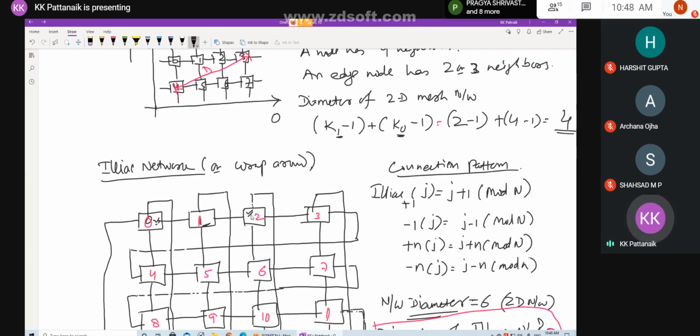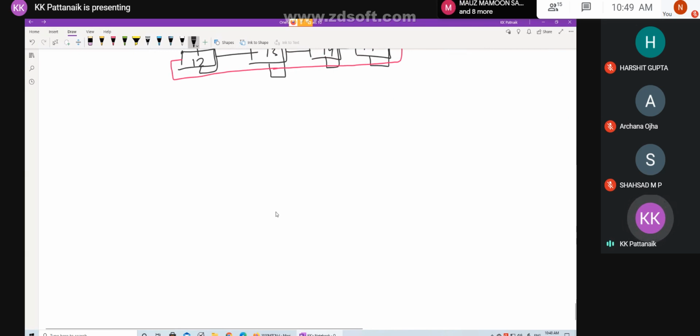So as far as your question goes, how can we divide the Iliac network into two parts? We have to find out which are the links that play a critical role in the network, whose disconnection or unavailability will lead to the partition of the network. So in network science, a partition means due to death of a node. Let me draw a picture to make you understand.